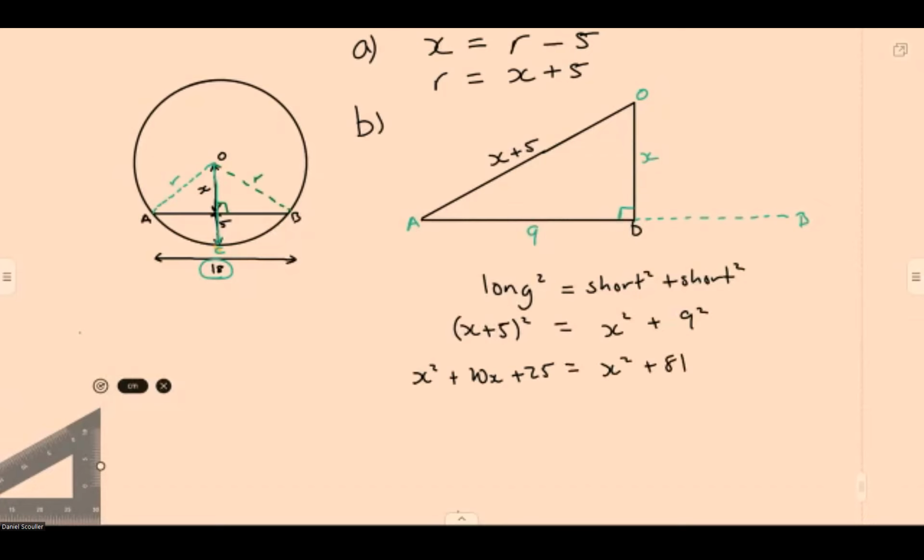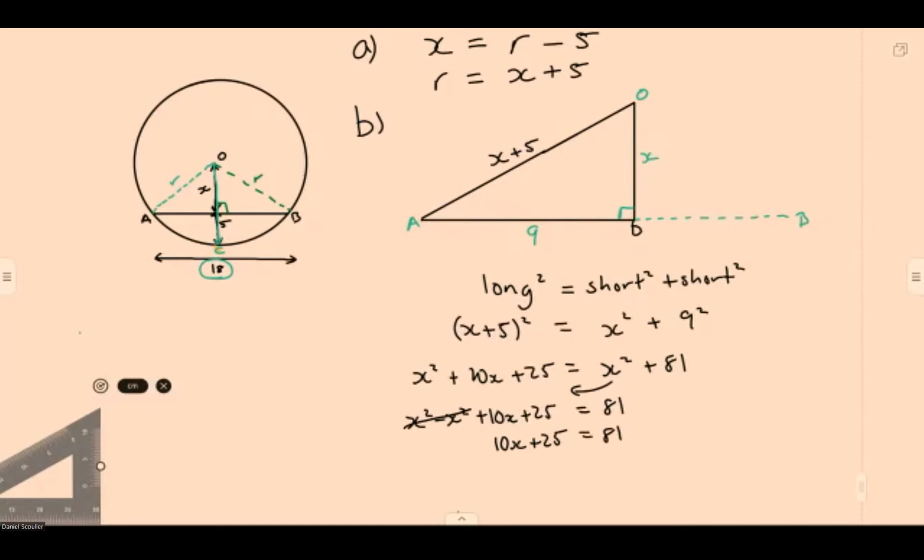I'll just write that number out. If I bring over this x squared term from the right hand side to the left hand side, it becomes a negative, and it rules out that other x squared. So x squared minus x squared takes them away, leaving myself 10x plus 25 equals 81.